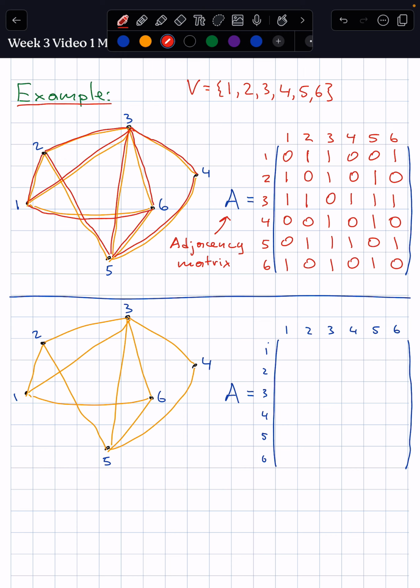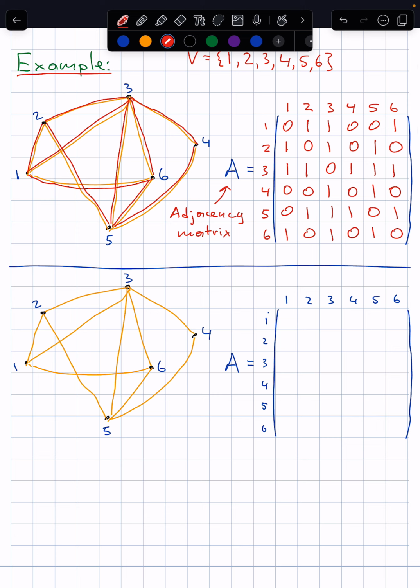One thing I want to show you here is that the matrix does depend on the order of the vertices. For example, if I change the order, say this 5 and 6, let us switch them, so that this be 5 and this be 6 now, right? So here are the columns now. Let me put them in green: 5, 6, 5, 6.